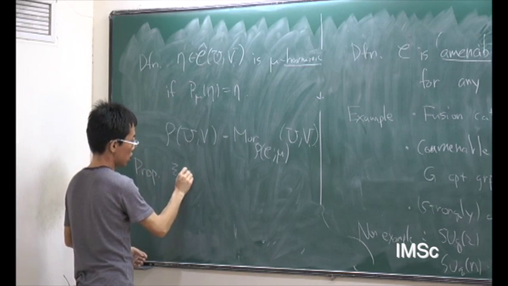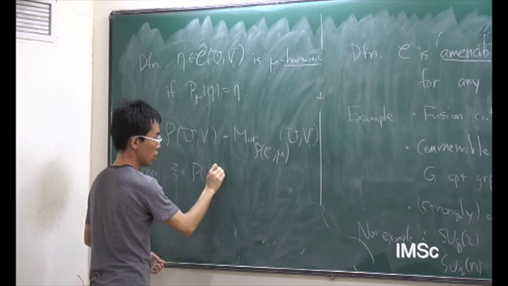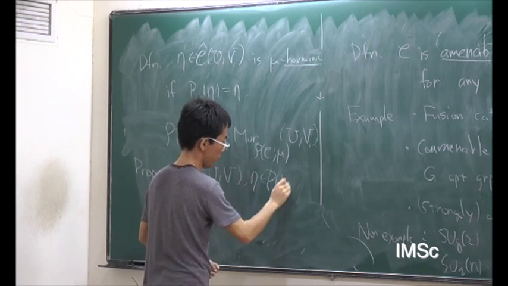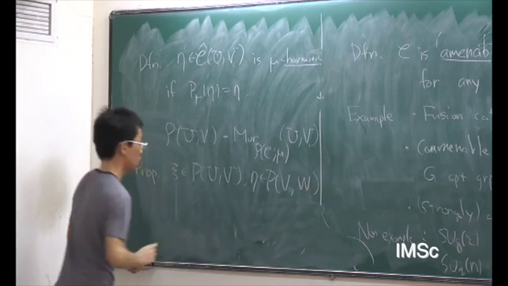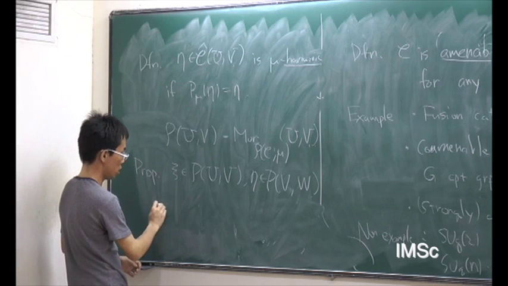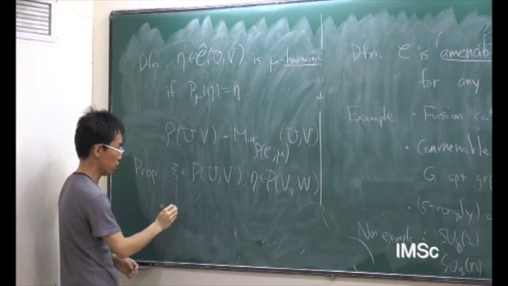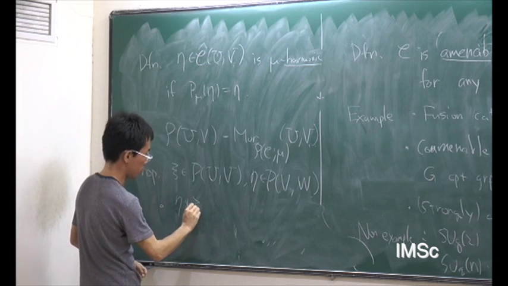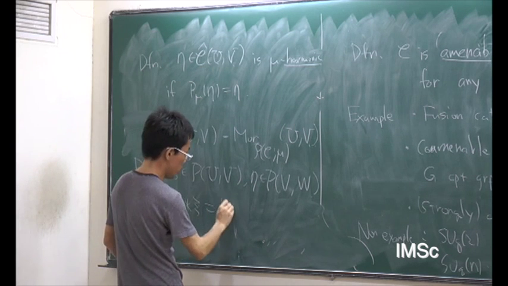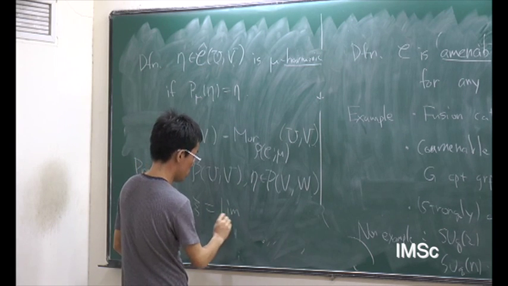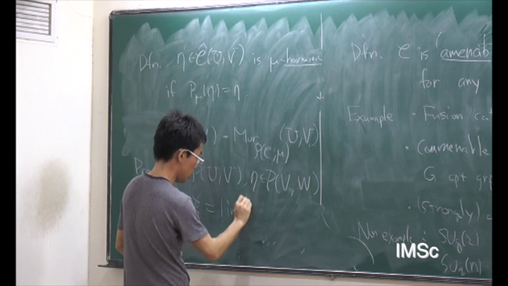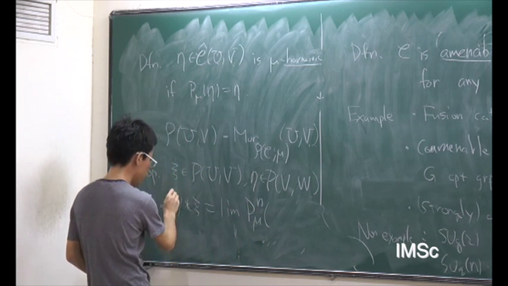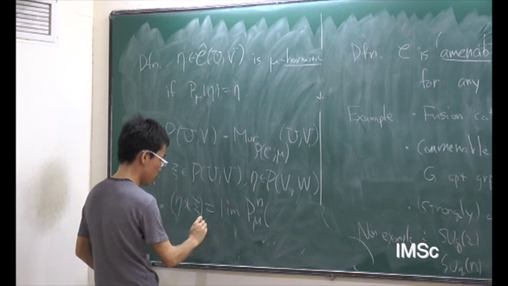So let's say Xi is in PUV and eta is in PVW. Then the first thing is this limit exists, eta times Xi, which should be the limit... maybe I should be a bit careful.